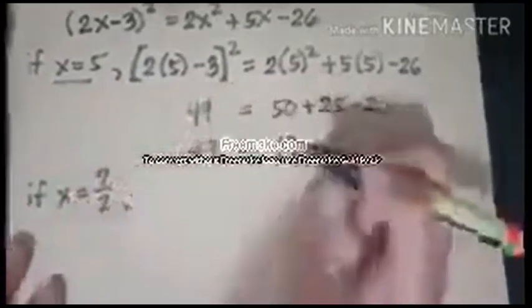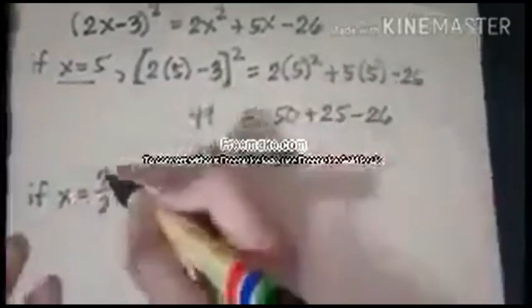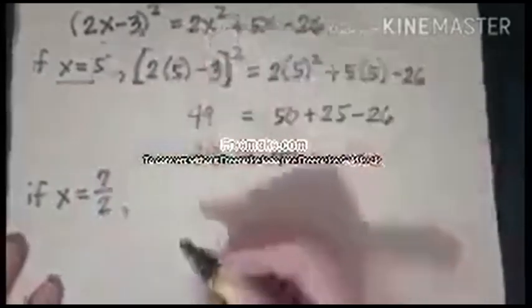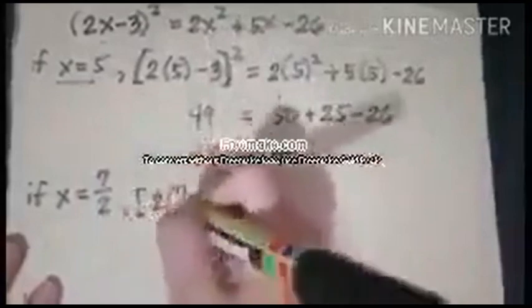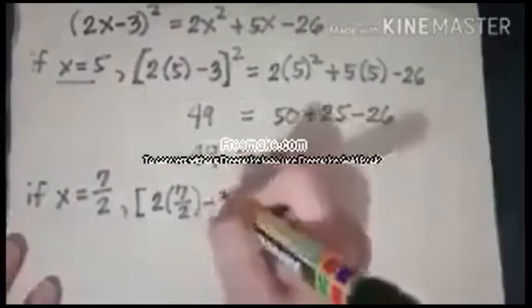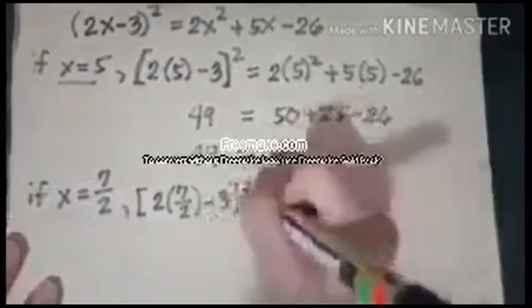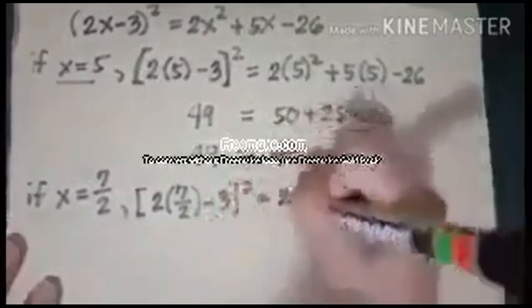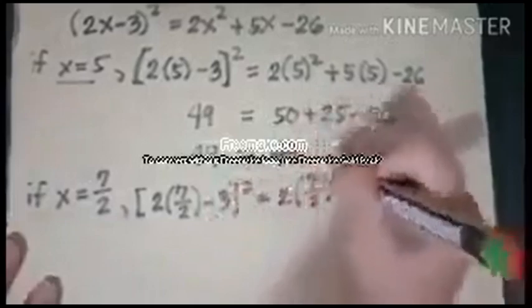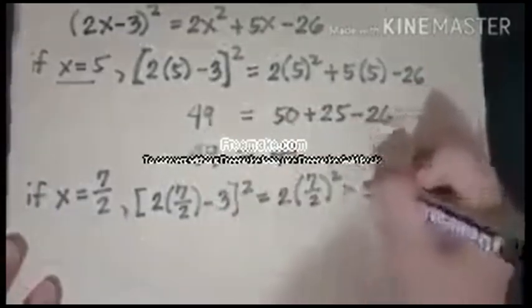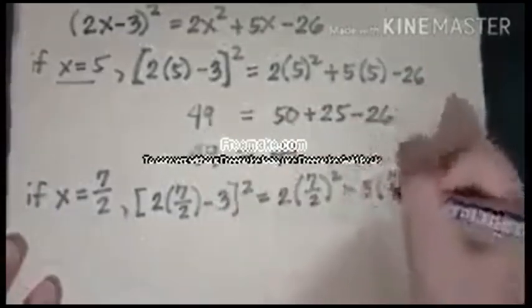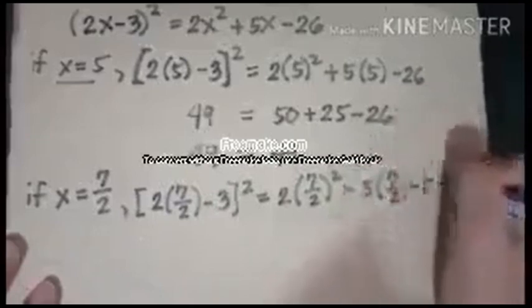Okay, next we have if x is equal to 7 over 2. So, again, we are going to substitute 7 over 2 to all the x's in our equation. So, therefore, you have 2 times 7 over 2 minus 3 squared is equal to 2 times 7 over 2 squared minus 5 times 7 over 2 minus 26.